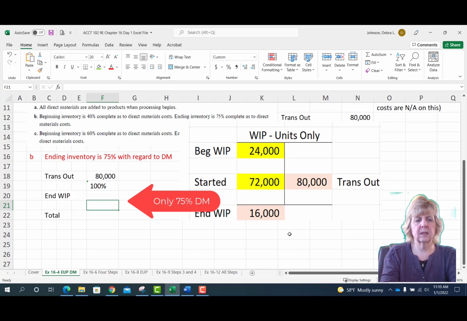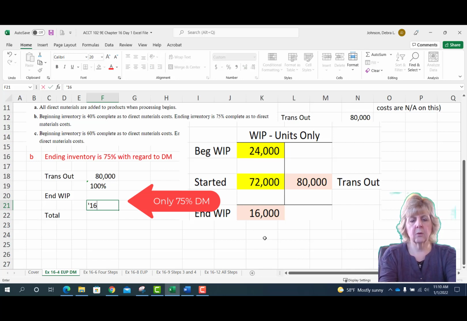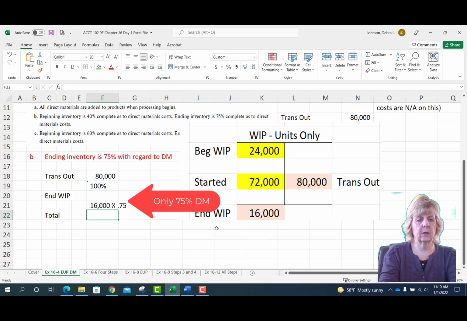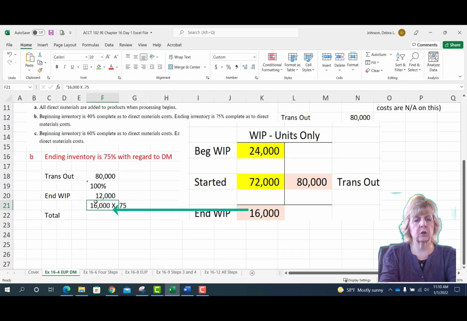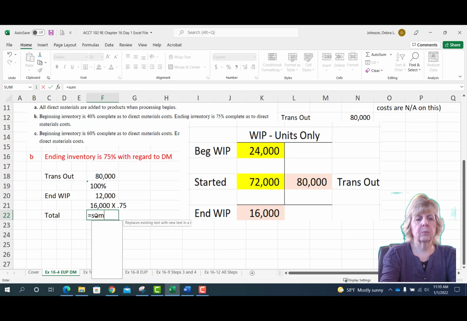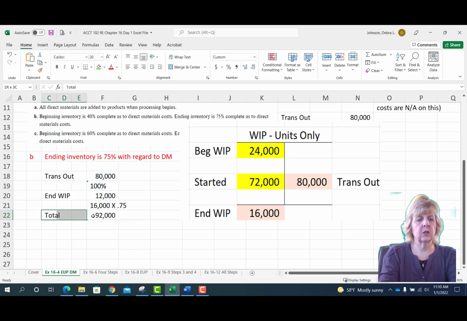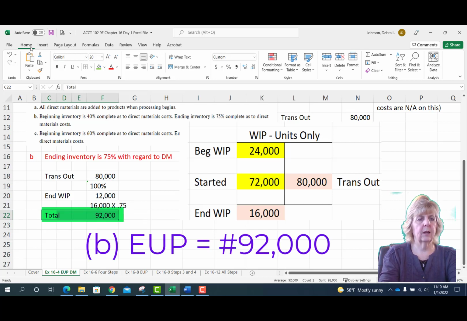So those 16,000 units that are hanging around down there are only 75% complete with respect to the materials. So I'm going to take those 16,000 units, multiply by 75%, and the result is 12,000 units. So the equivalent units of production for letter B's assumptions would be 92,000. I'll highlight that in green.